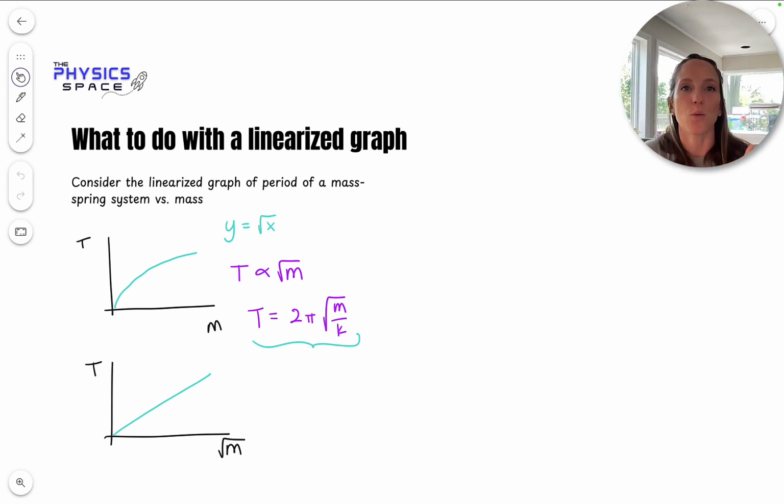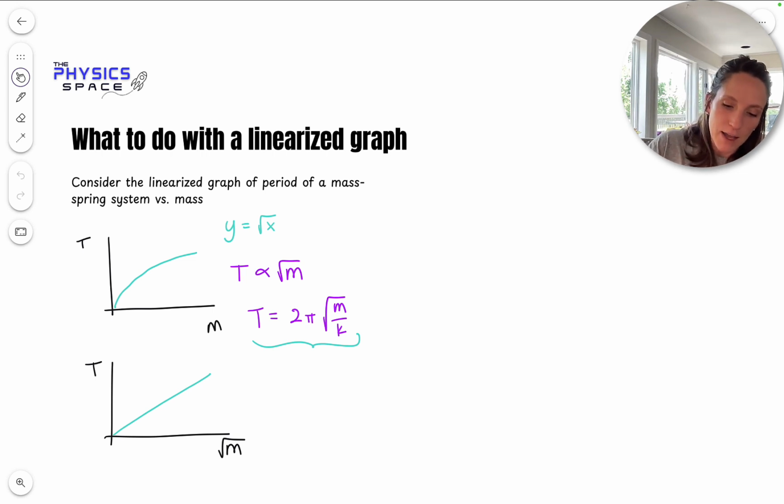Don't just pick the first one or the last one or some random one in the middle. The way that we can use all of our data to figure this out is to come up with an equation or an expression for the slope, and that is going to help you figure out the spring constant here.